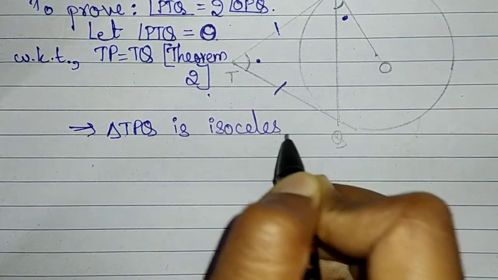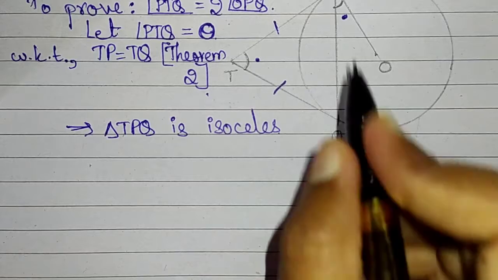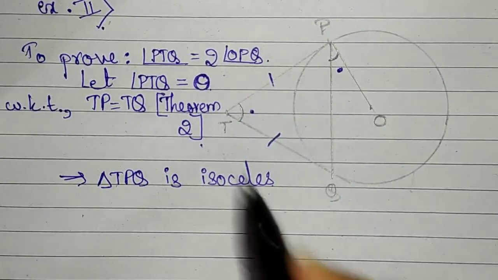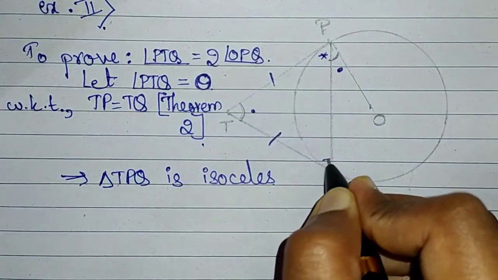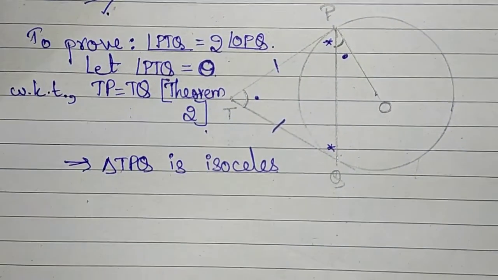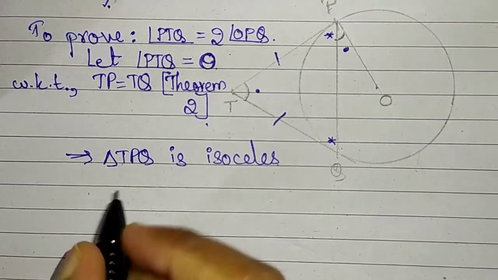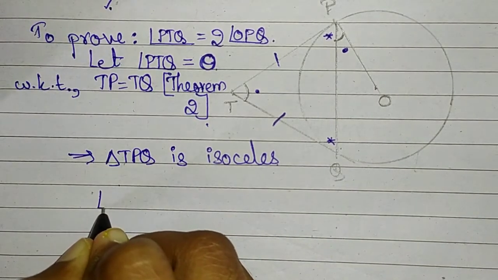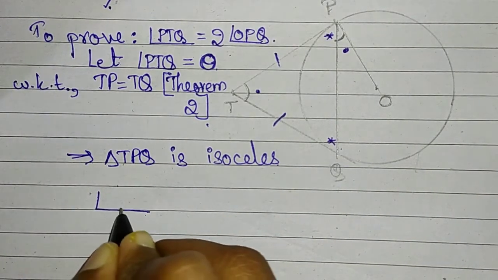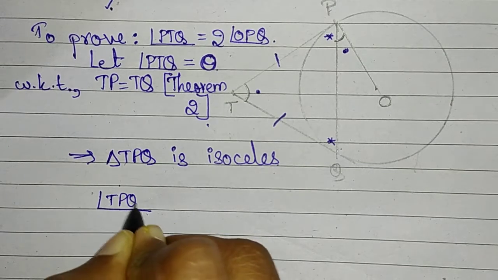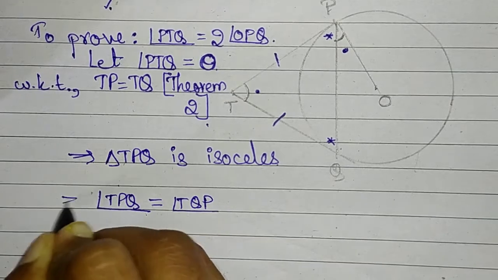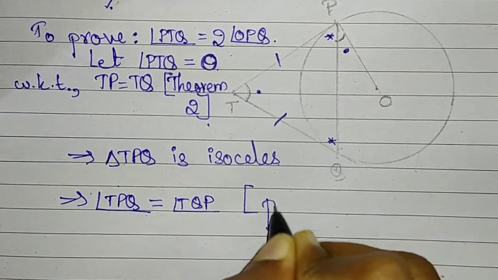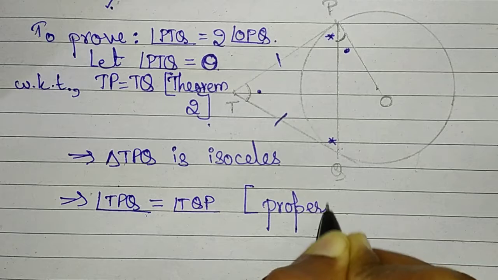And in isosceles triangles, we know that the angles opposite to the equal sides are equal. So we get angle TPQ is equal to angle TQP. This follows from the property of isosceles triangles.